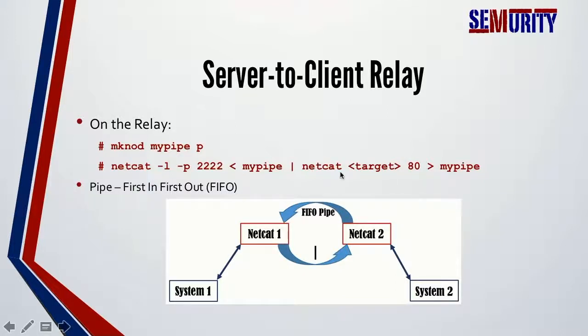So Netcat, the client over here, is going to redirect the data to the pipe, and then simultaneously the pipe is going to give that input back to the Netcat server, which is Netcat 1, and then Netcat 1 is going to write it on the TCP socket to system 2.